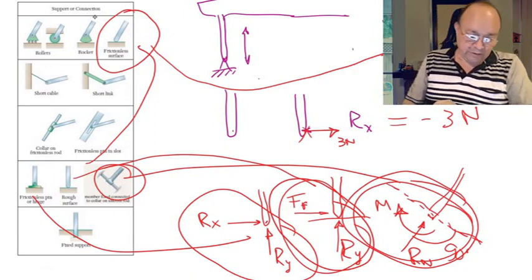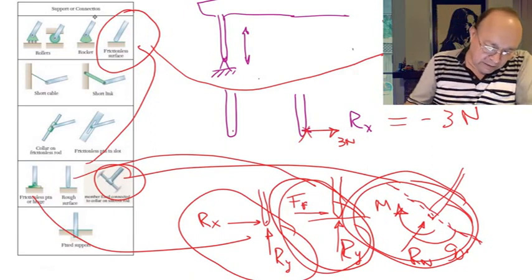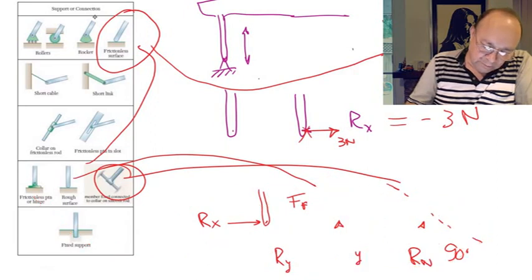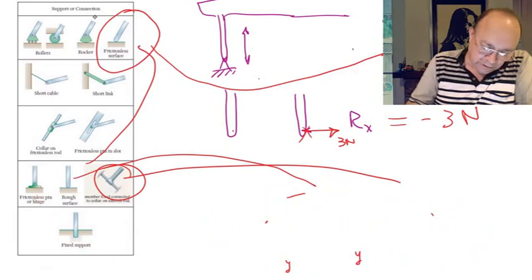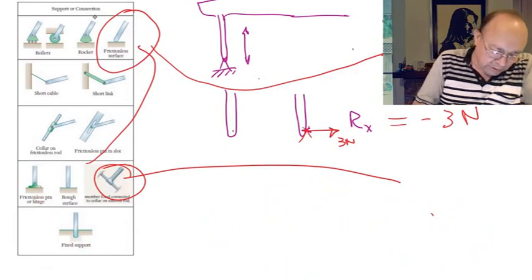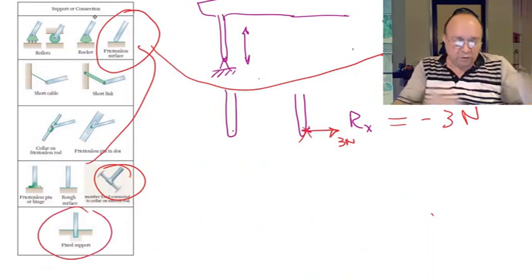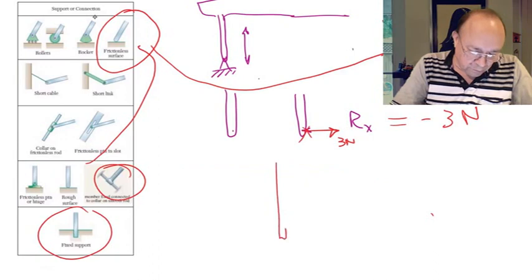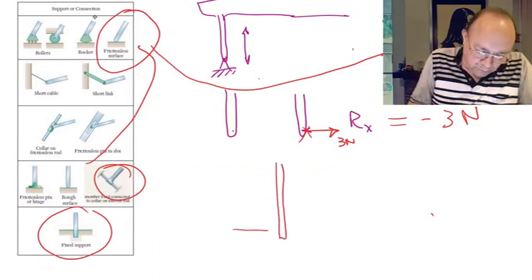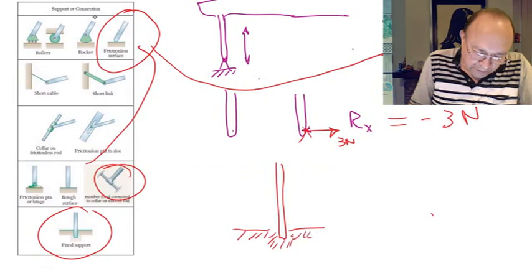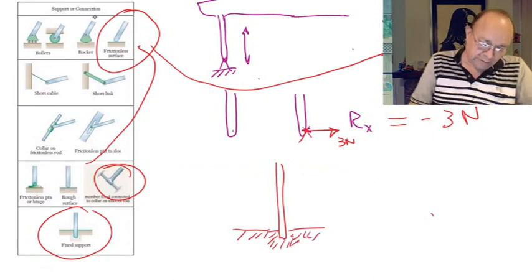And then there is the last one, the fixed connection, the fixed support. This fixed support is completely restrained from any motion. In this kind of support, it is completely fixed to the floor or whatever piece that is.